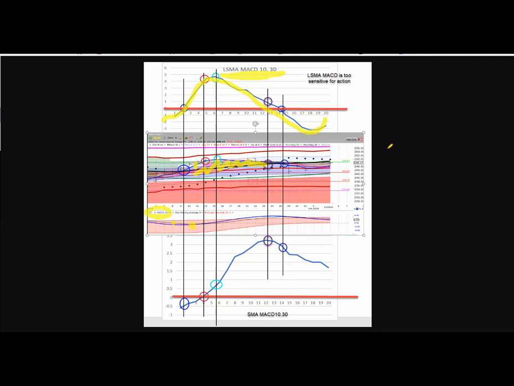It's almost too precise, and it makes you think there are signals that aren't really there. Whereas the simple moving average gets you in plenty soon here and here, and then gets you out plenty soon. So it's okay to use the simple moving average when you're constructing the moving average convergence divergence.